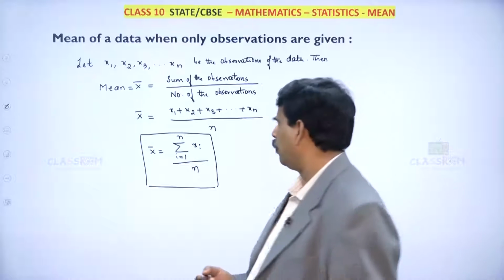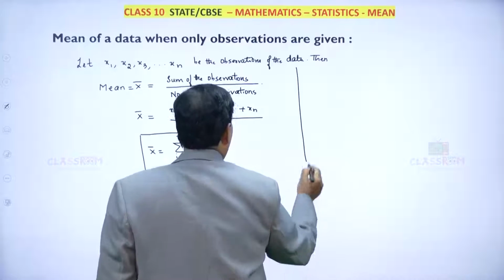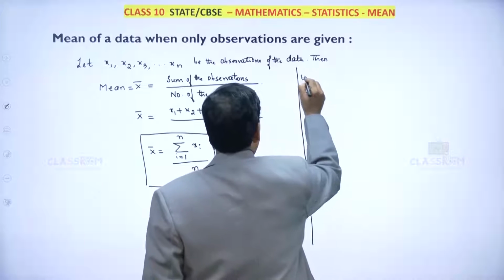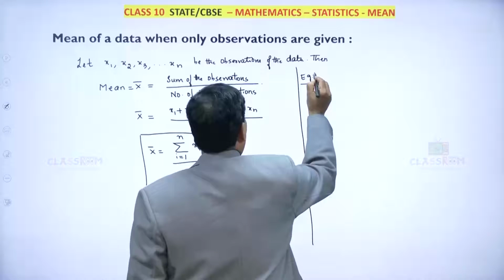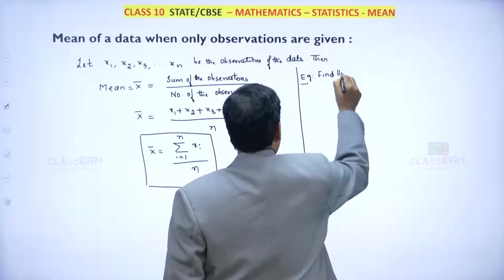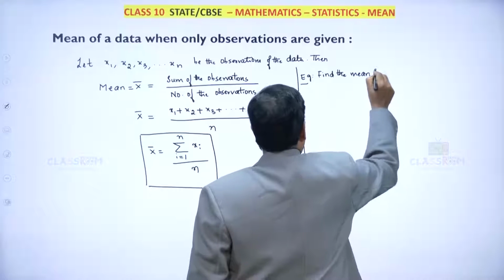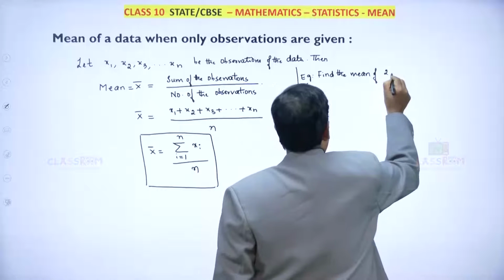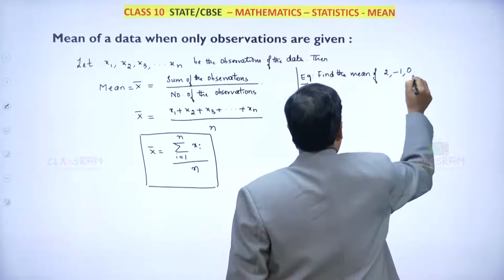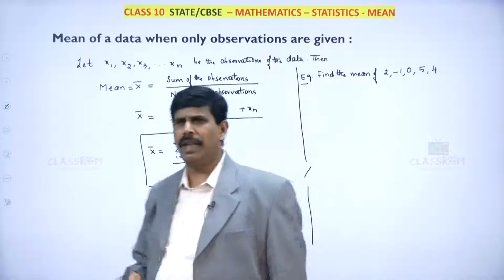You can have one example. Suppose we are asked to find the mean of 2, minus 1, 0, 5, 4, for example. The question is given to you like this.